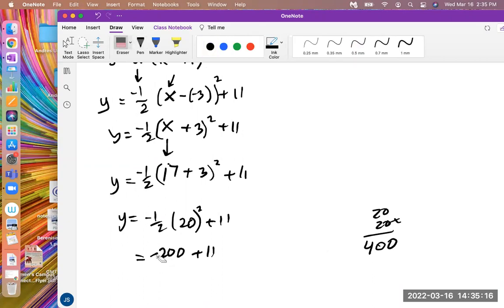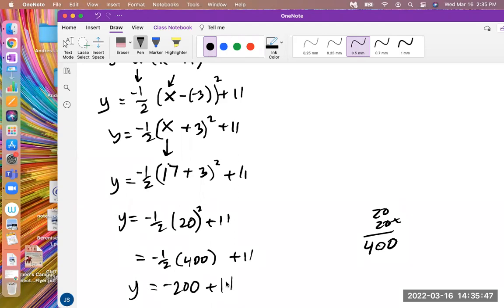I think it's really important to write down each of your order of operations steps, because it reinforces doing this step first, then that step next. So 20 squared is 400. And then 400 times negative 1/2 is negative 200 plus 11.